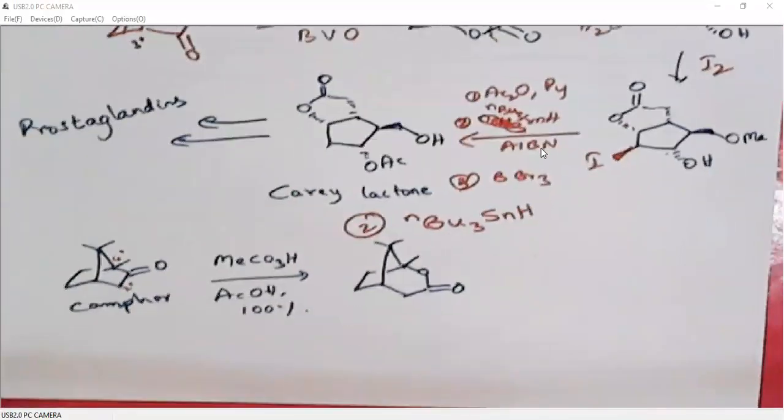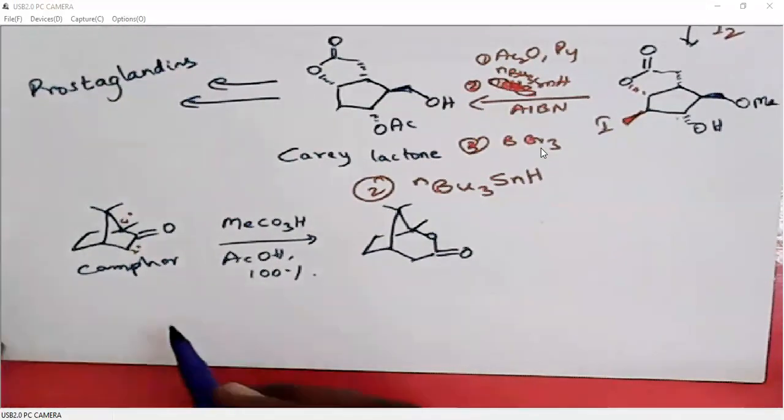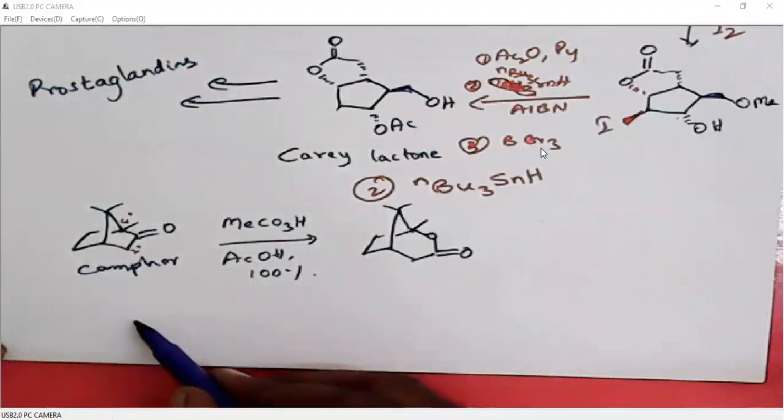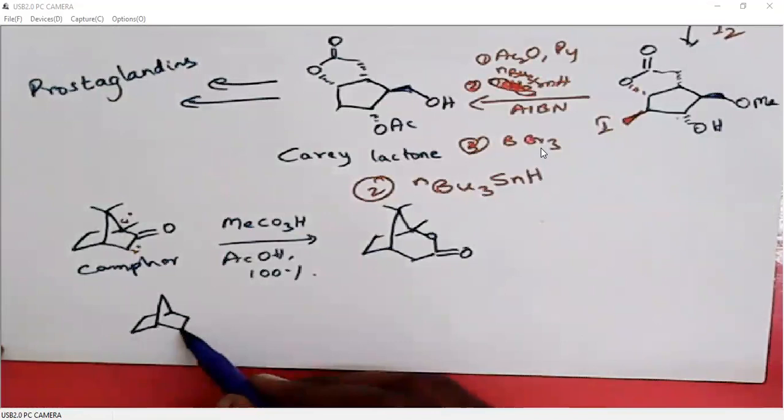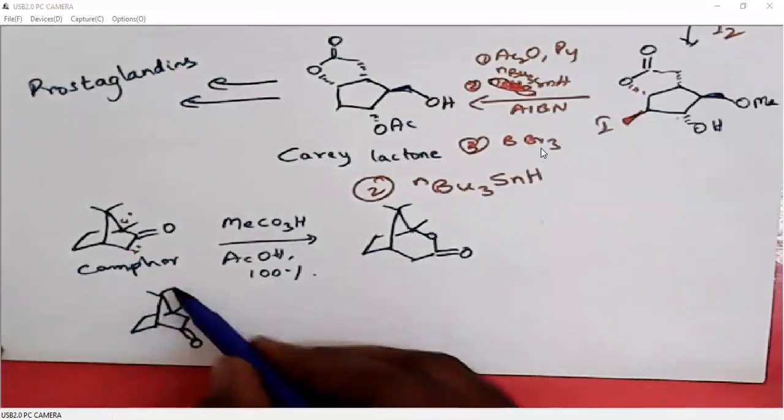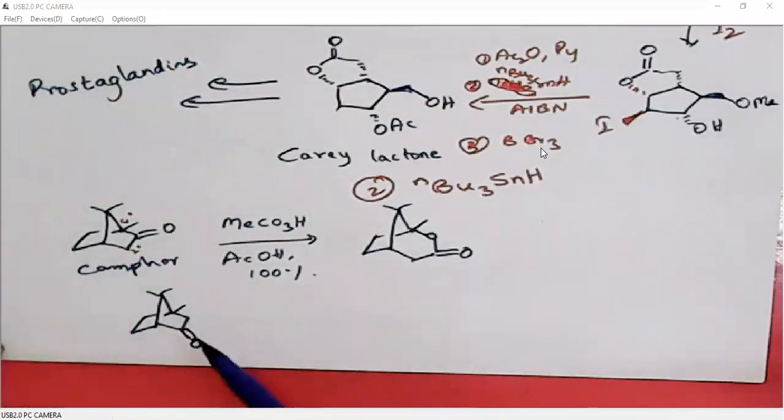But when we use Baeyer-Villiger oxidation conditions on epicamphor, what is epicamphor? This is epicamphor. If the carbonyl is here, it is called camphor. If the carbonyl is on the other side, it is called epicamphor.